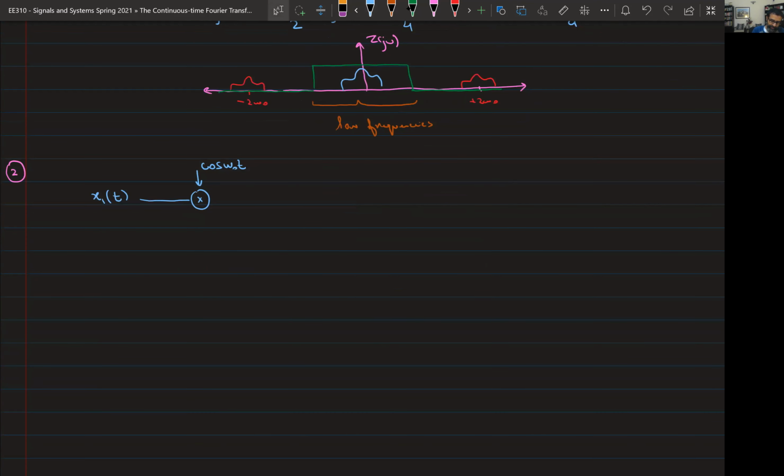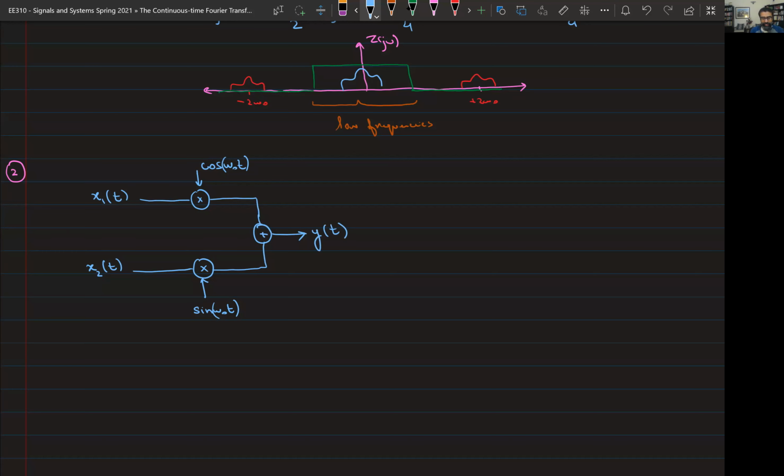And then there's another signal x2 of t, something else that I want to transmit as well, which I multiply by sine omega naught t. And then what I do is I just add them up. And this is what I transmit over the air.